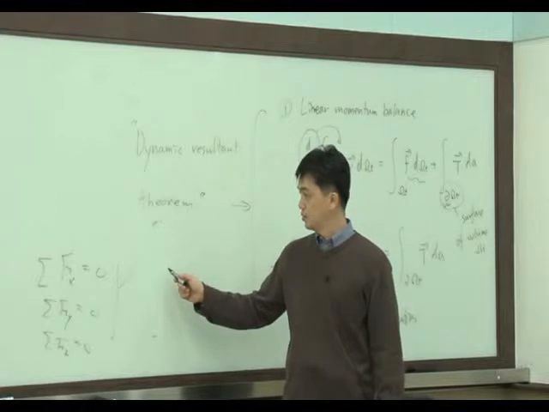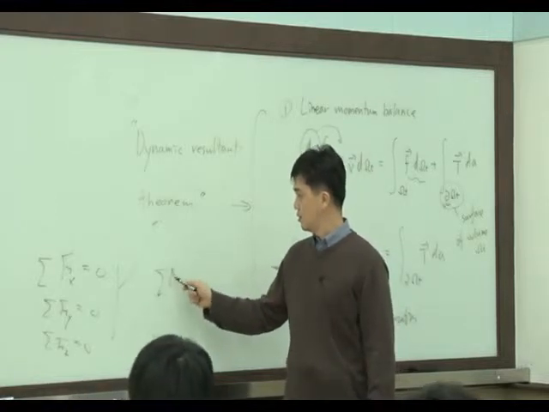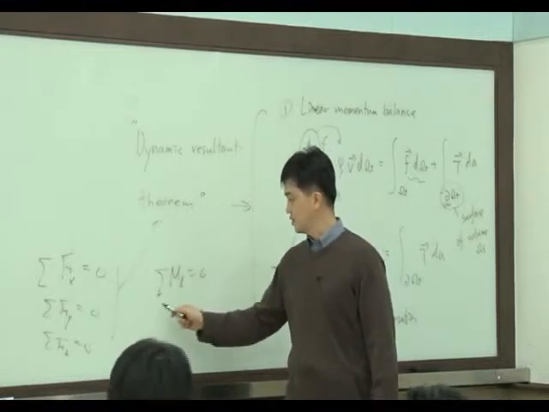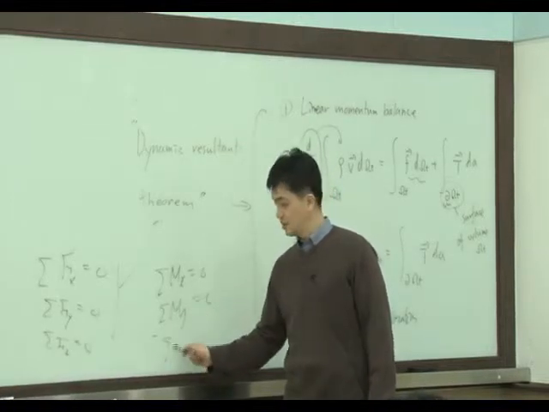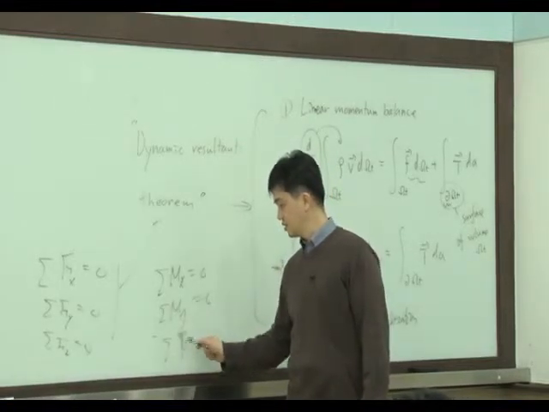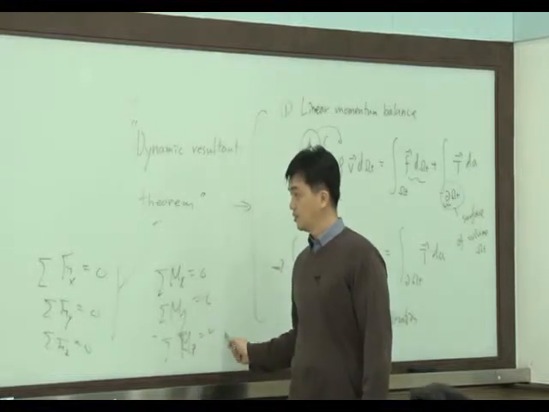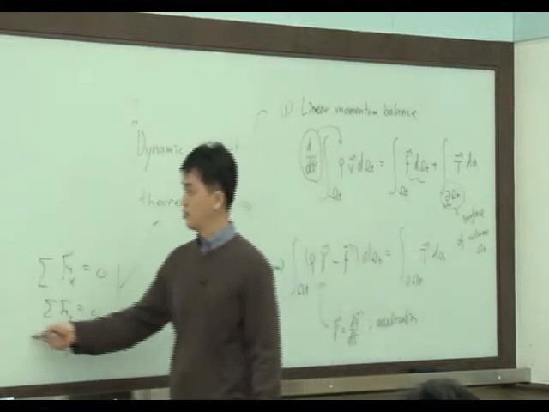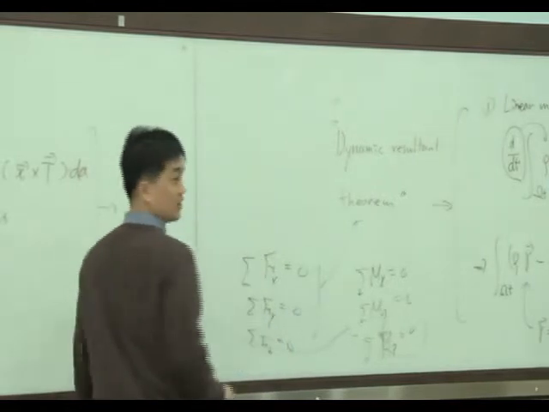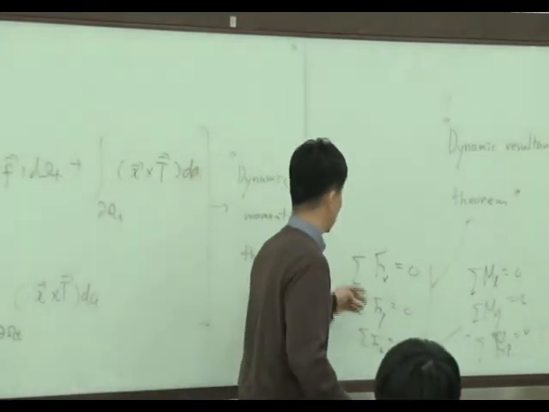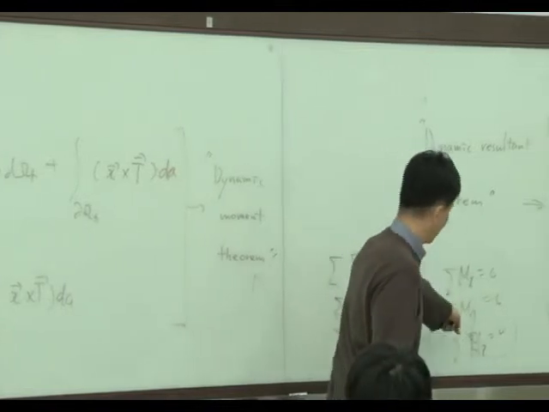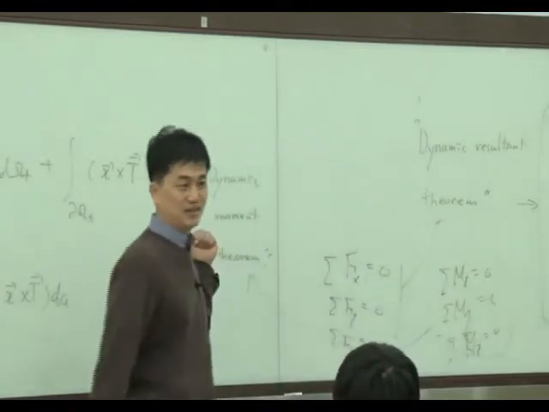And also, sum of moment about the x-axis equals 0, about the y-axis, z-axis is 0. Okay? This is the moment theorem. Same thing. So actually this equation comes from here, that equation comes from over there.